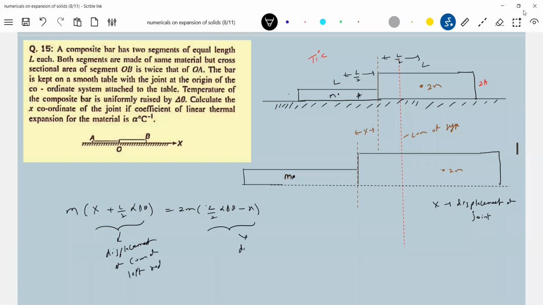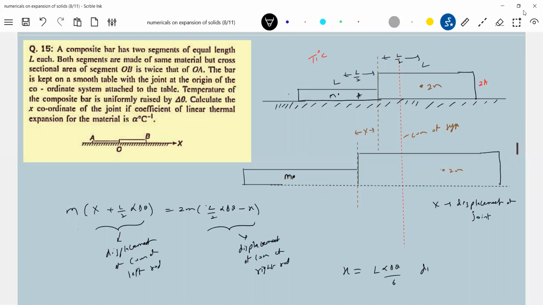What is this quantity? Displacement of center of mass of right rod. Solving this we will get the expression for X. X will be L alpha delta theta by 6.